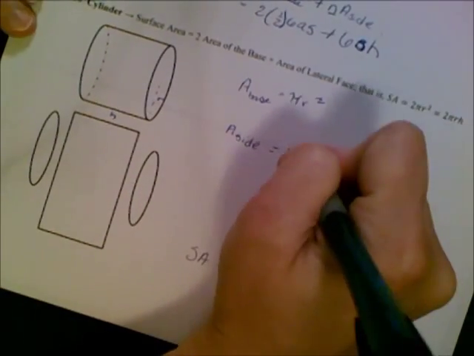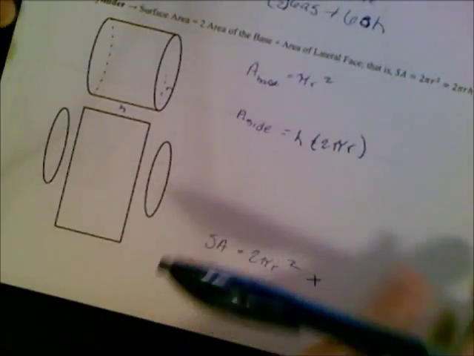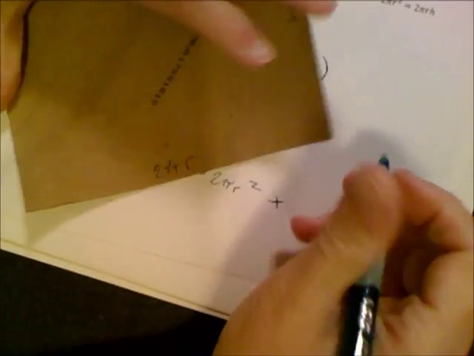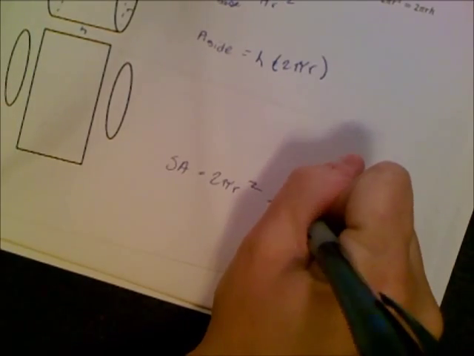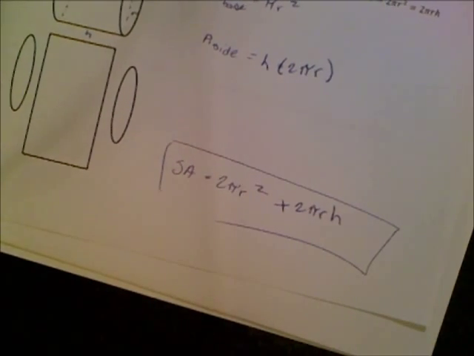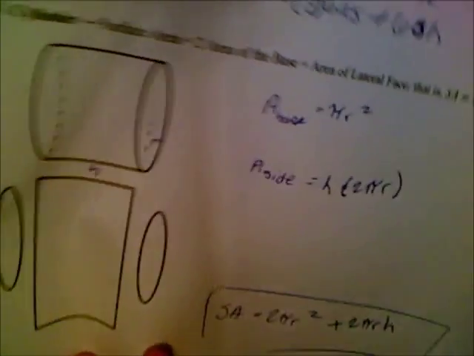So it's the height times 2 pi r that gives me the area of the lateral face. So that is 2 pi r h. And so that is the general formula for a surface area of a cylinder.